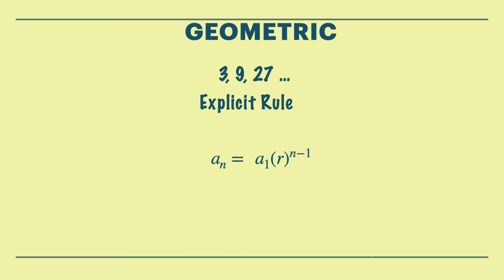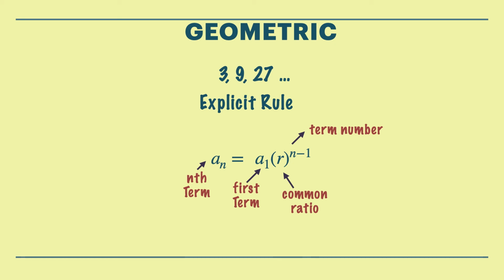A sub n is still the nth term. A sub 1 is the first term. r is my common ratio. And n is still the term number.